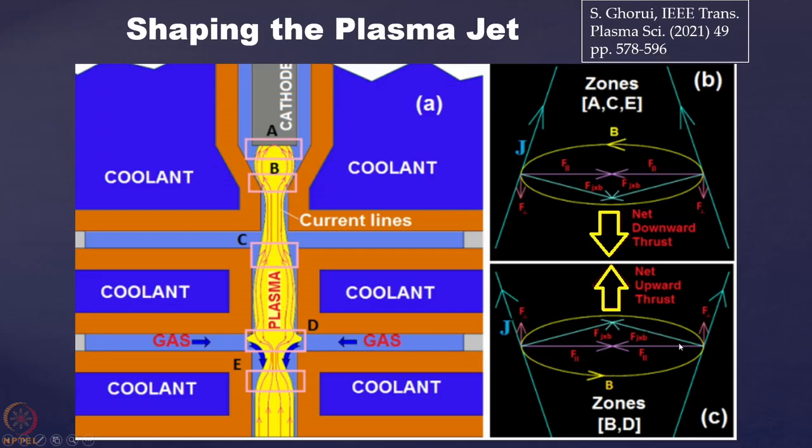It will have a horizontal component like this which acts radially, and similar to the previous case, for each point there will be another point cancelling this horizontal force component, and there will be a net vertical force component which will club together and put a net upward thrust. So in these zones where there is a diverging kind of current density configuration, like B and D, you will find that the plasma is putting upward thrust.